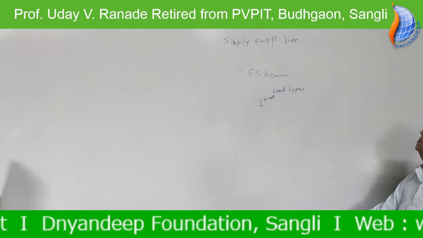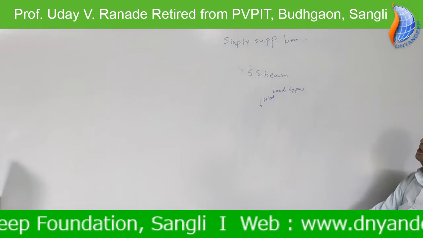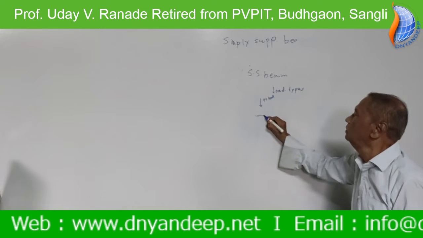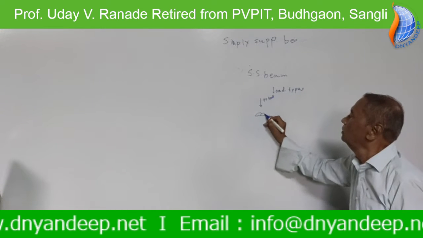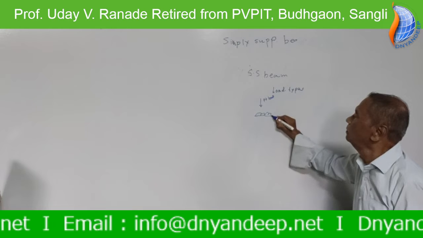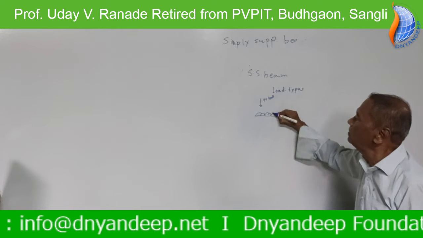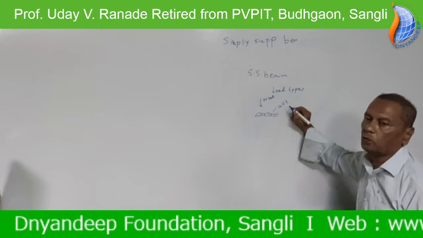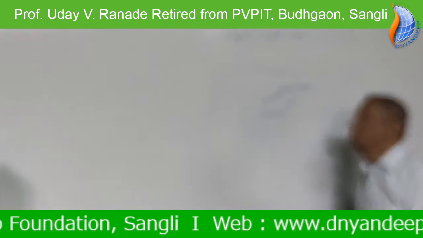This point load may be 1 in number or more in number. Second, it is called as uniformly distributed load. Uniformly distributed load.